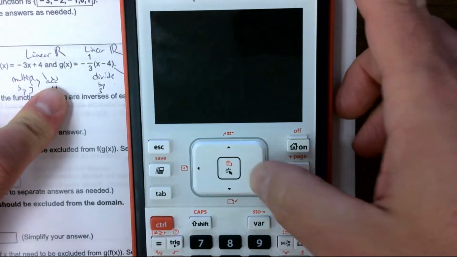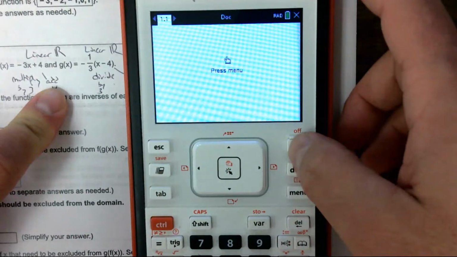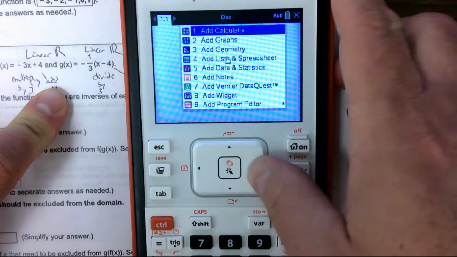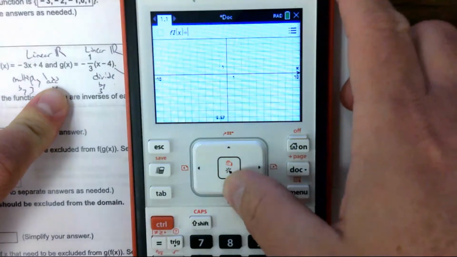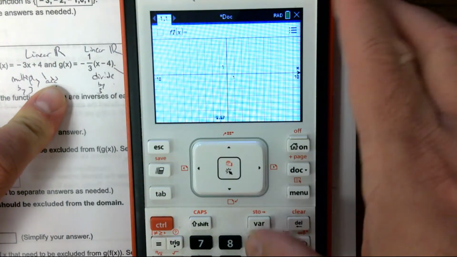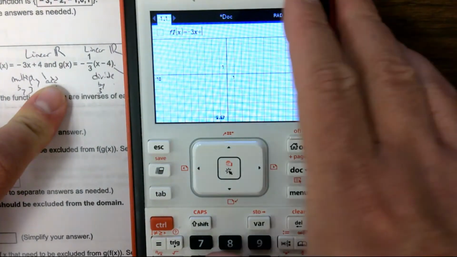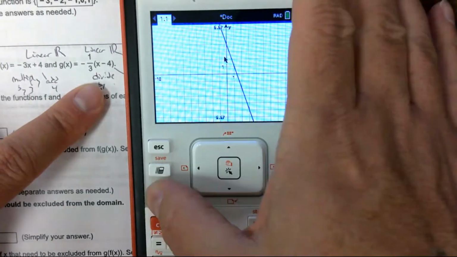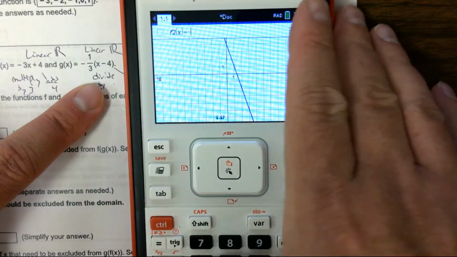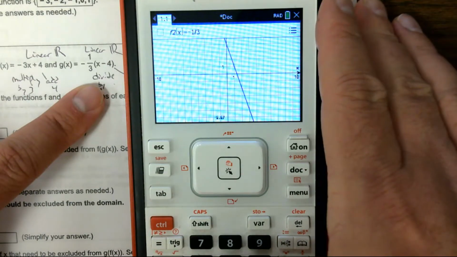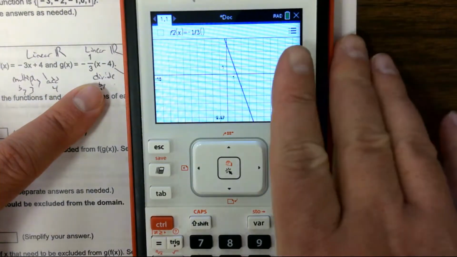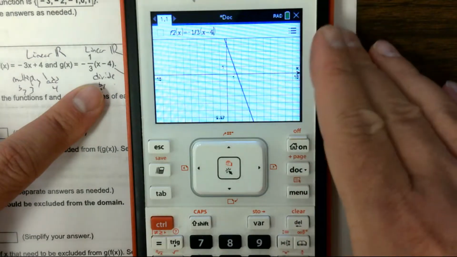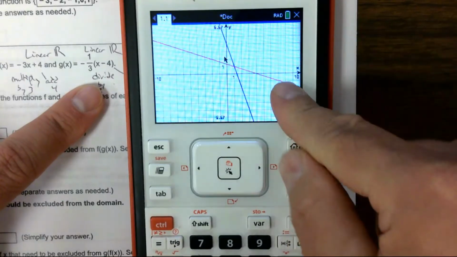And we can also show how the graphs are related. -3x plus 4, there's that linear graph. And then -1/3 times (x minus 4), there's that linear graph.